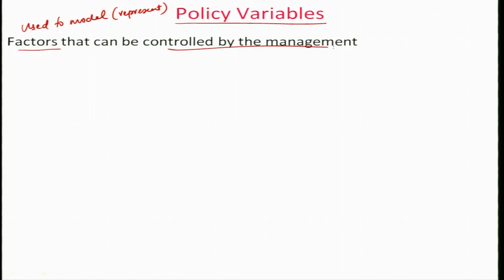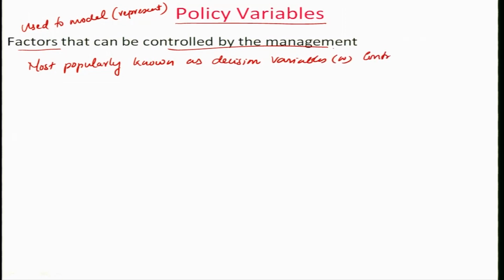Whatever factors are controllable by the management, whatever the management can control, are basically modeled by policy variables, most popularly known as decision variables or controllable variables.